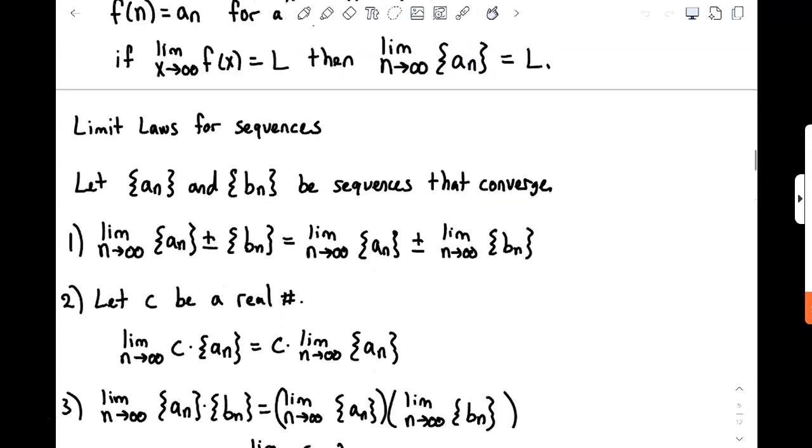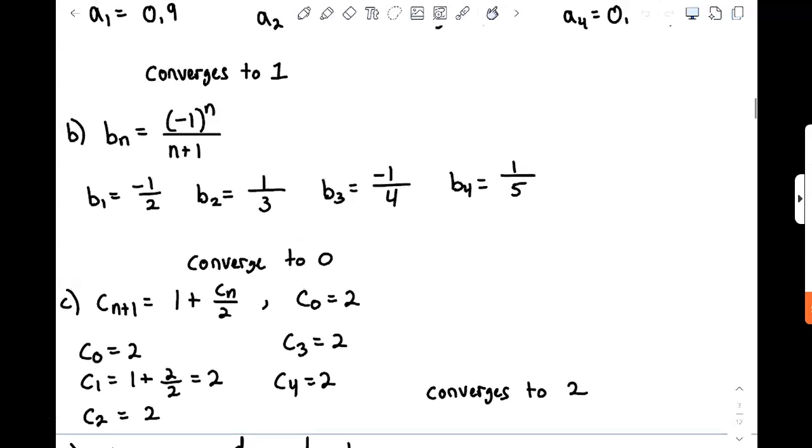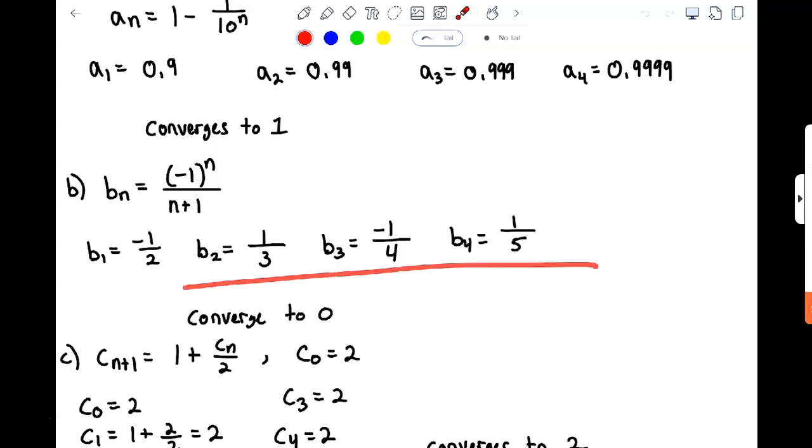So remember, initially when we first started working with that, we were just kind of guessing, based on what it looks like, whether or not something was converging.